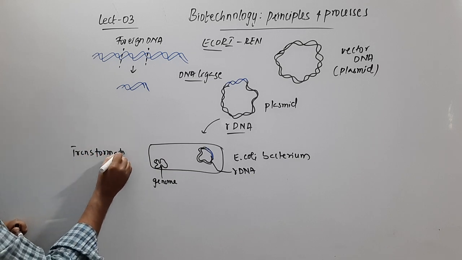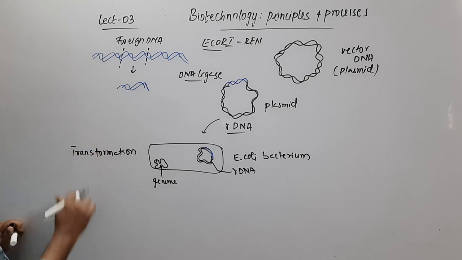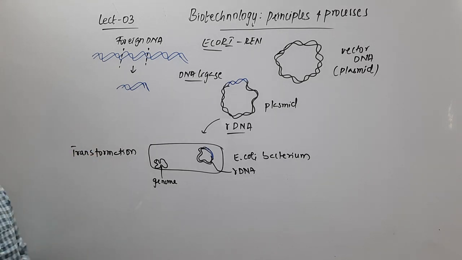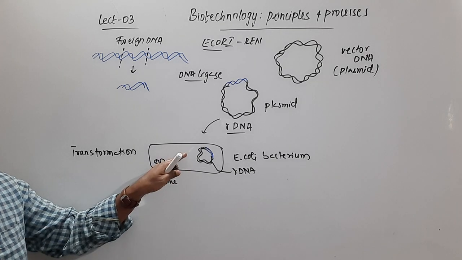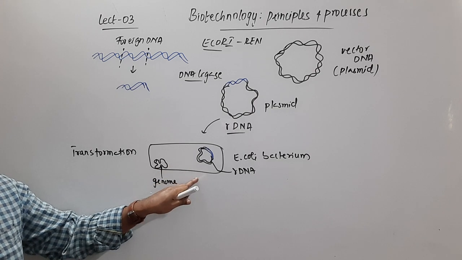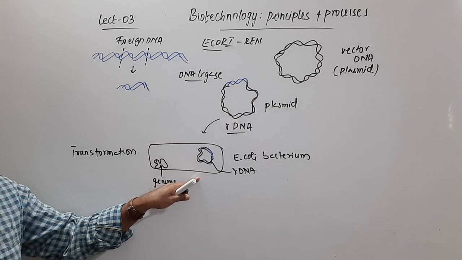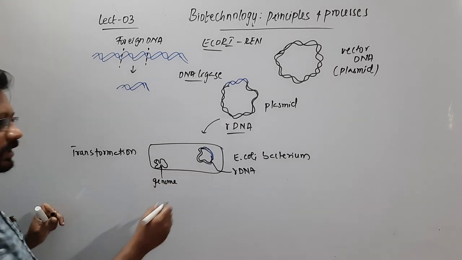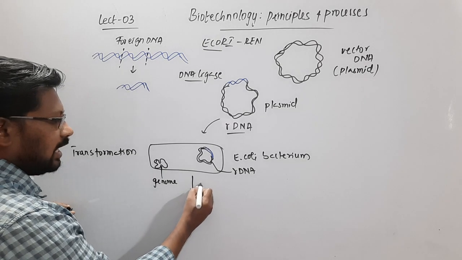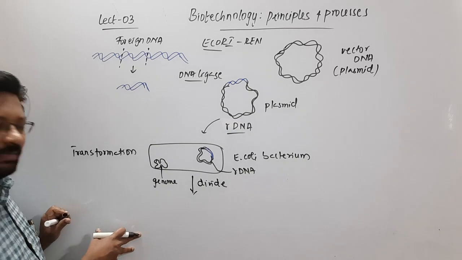I hope you remember from the chapter Molecular Basis of Inheritance what we mean by transformation. So when we have put this rDNA into this E. coli bacterium, I have transformed this E. coli bacterium, and now this E. coli bacterium is allowed to divide in a nutrient medium.